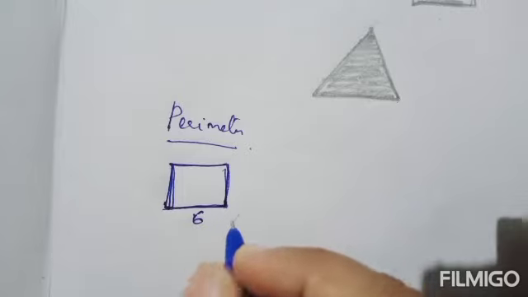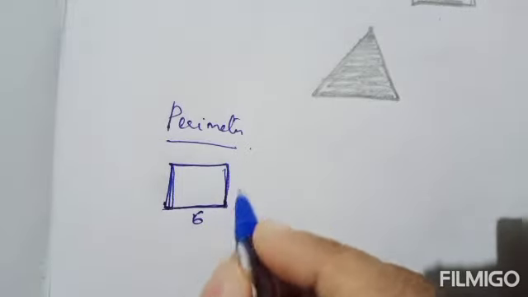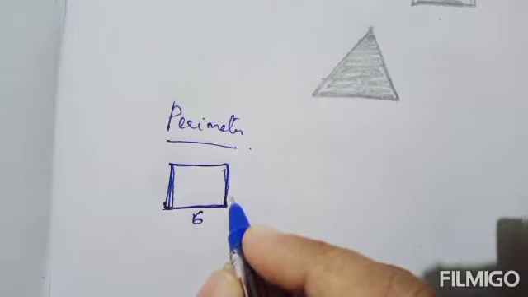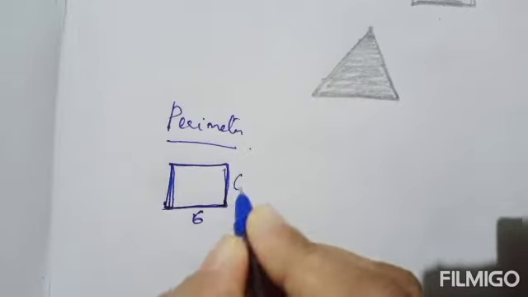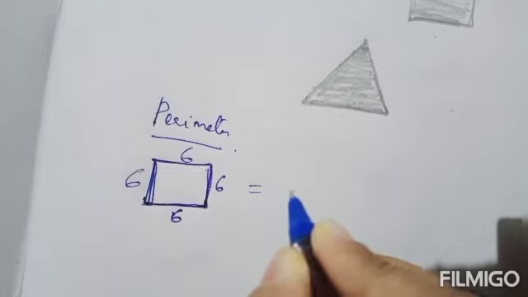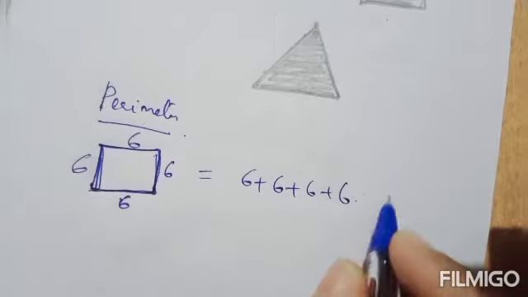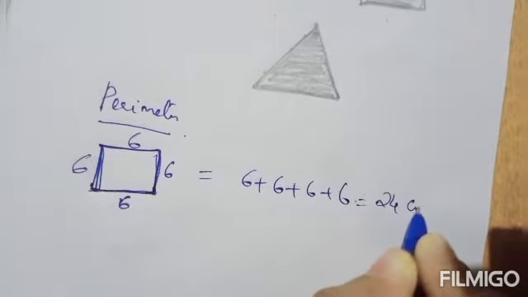So what will be the perimeter of the square? We know a square has all sides equal. That is called a square. So this is also 6, this is also 6, this is also 6. So what will be the perimeter? 6 plus 6 plus 6 plus 6, the sum of the lengths of all sides. You will get 24 centimeter.